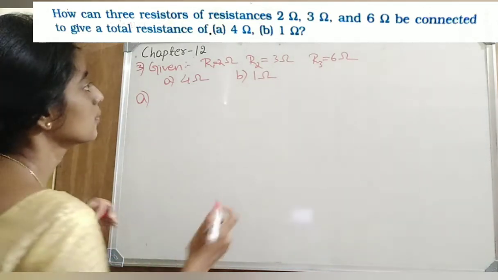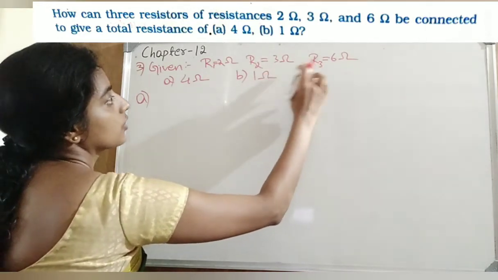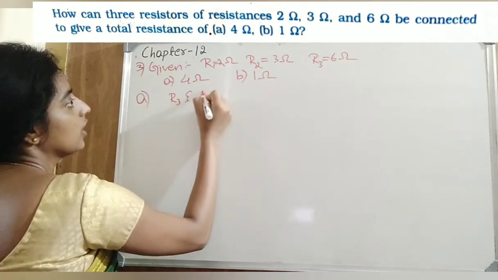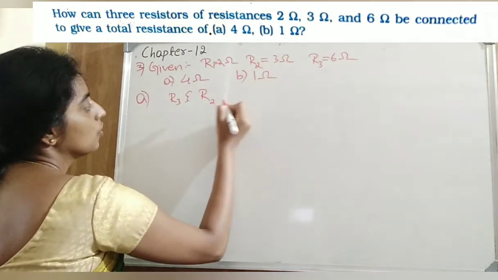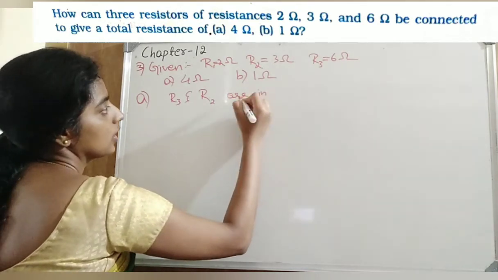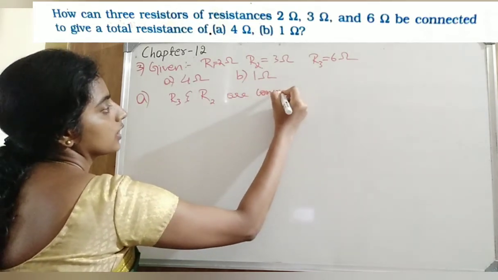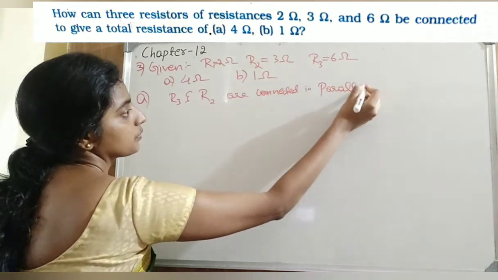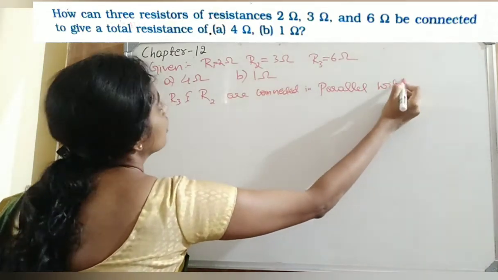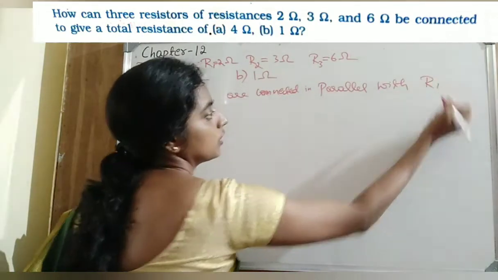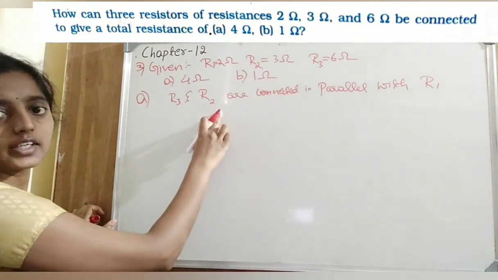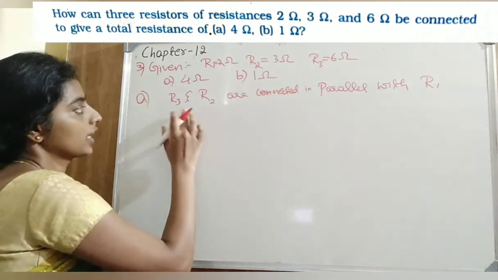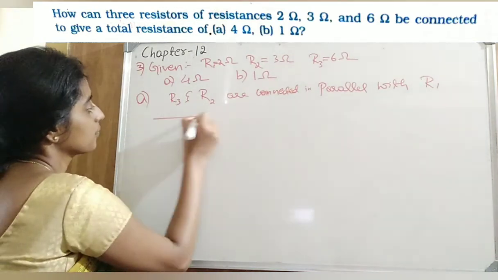So here I will take R3 and R2 connected in parallel with R1. That is, R3 and R2 are connected in parallel and R1 is connected in series. Let us draw a circuit diagram based on this statement.